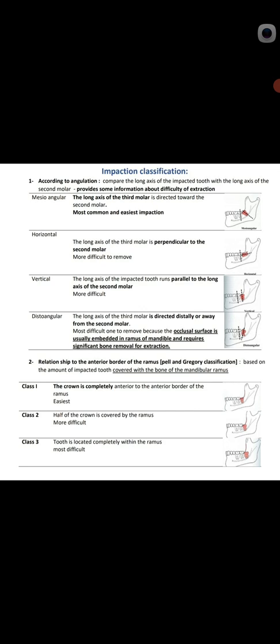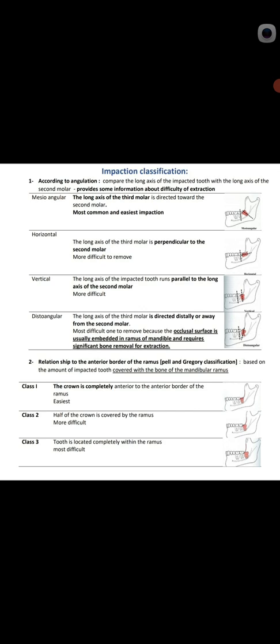Now come to the second classification, the relationship of the impacted third molar to the anterior border of the ramus. Based on the amount of the impacted tooth covered by the bone of the mandibular ramus, there are three classes: class 1, class 2, class 3.